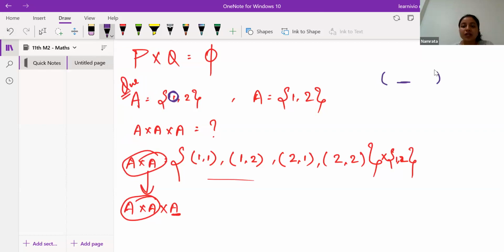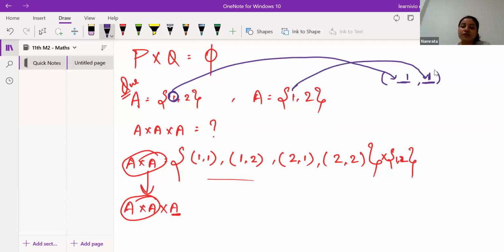One element must be here, one element must be here. So this first element you are keeping here, and from here you are taking another element and keeping it here. So this became 1, 1. Okay, ma'am. We are not doing the multiplication of numbers. We are just writing in the form of an ordered pair, a pair kind of structure we are making, and we are writing it.